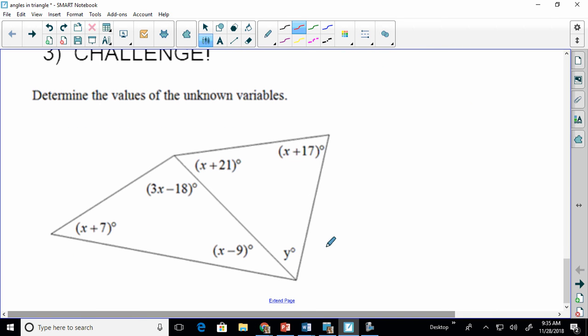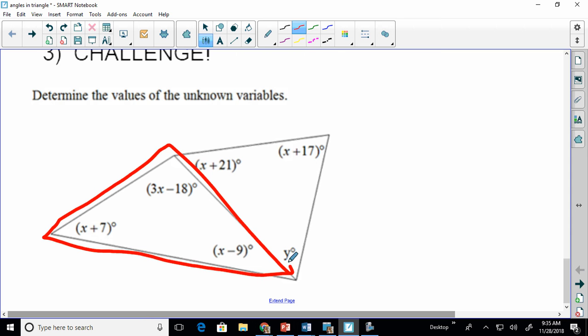All right, last one, a little bit more difficult. Now you have a couple different variables here. You have x and you have y. So if I were going to look at these two triangles, I have one here. That one's going to add up to 180. And then I have one here.